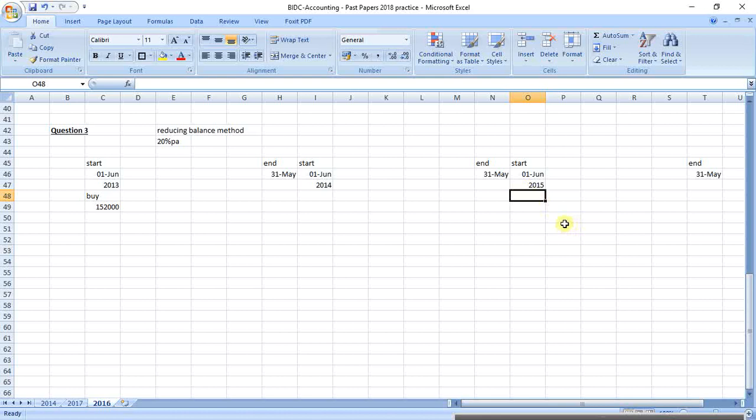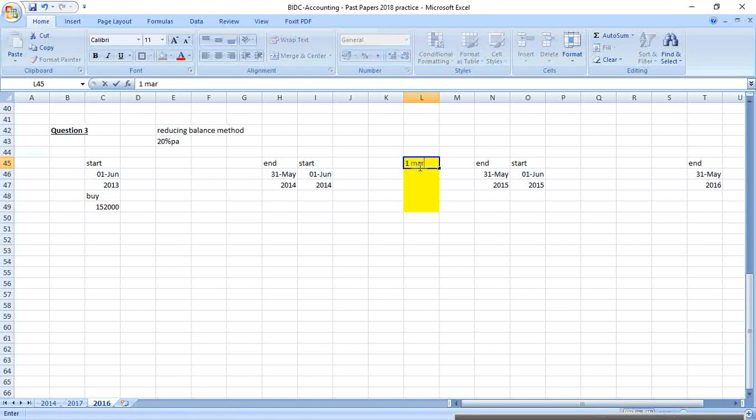They say on the 1st of March 2015. So 1st of March 2015, that would have fallen into this year. 1st of March 2015 would have been somewhere there. Let's highlight that.